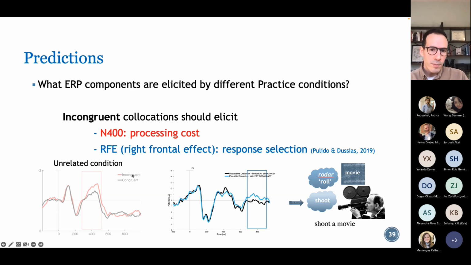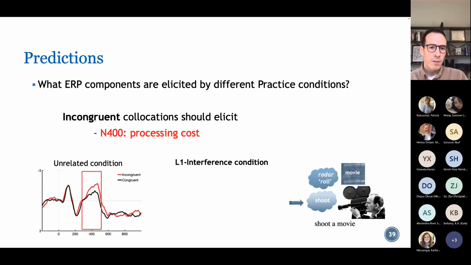And this is a later component that might emerge around 800 milliseconds. So this was for the L1 interference condition, though.